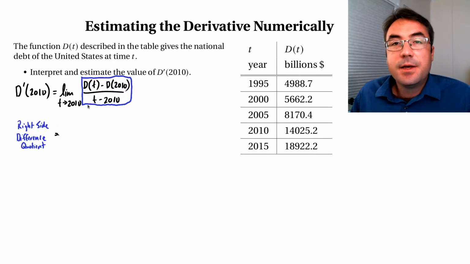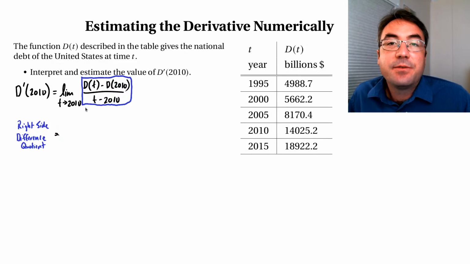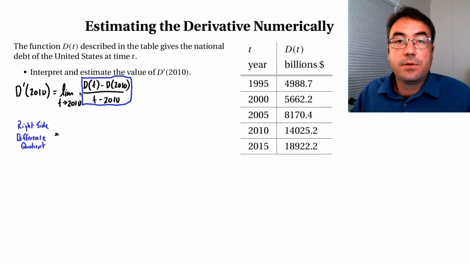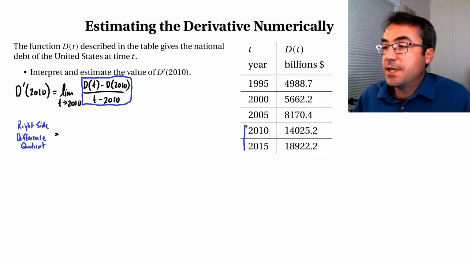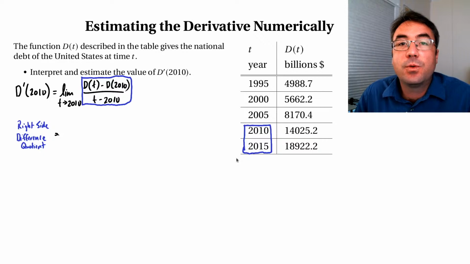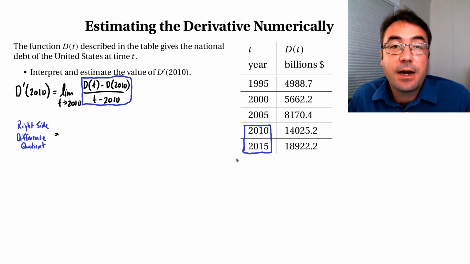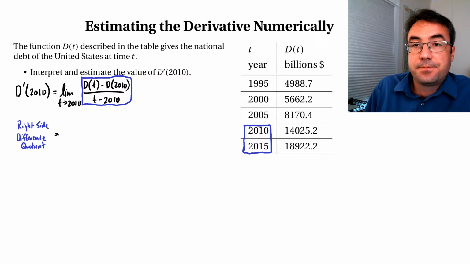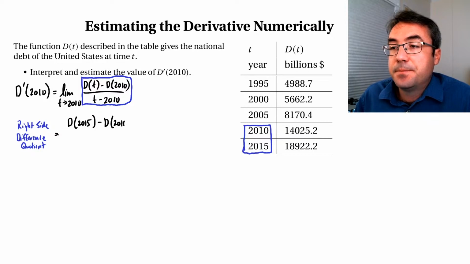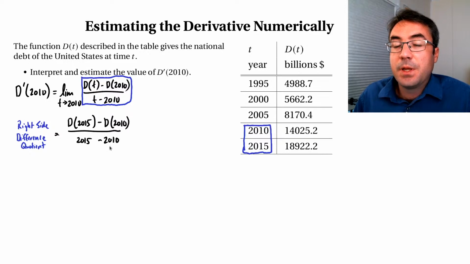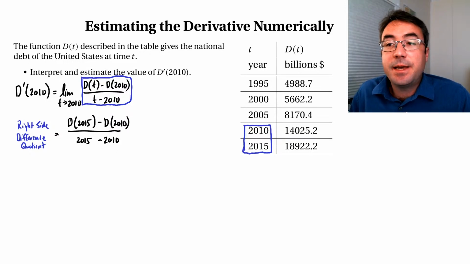Right side means we want to approach 2010 from t values that are larger. So we would consider, say, using 2010 and 2015 to calculate our difference quotient. We just look those values up on our table.